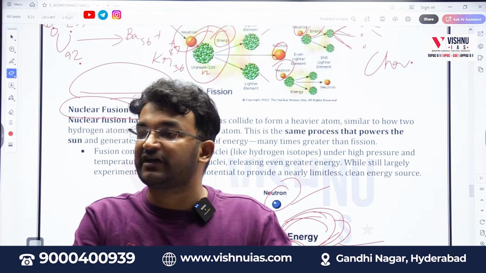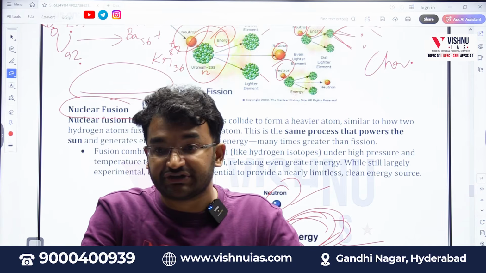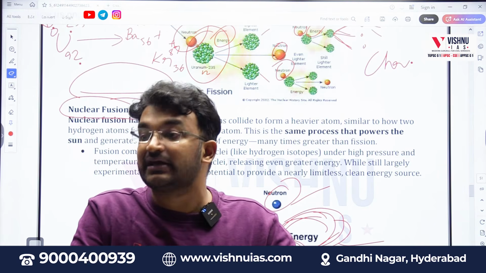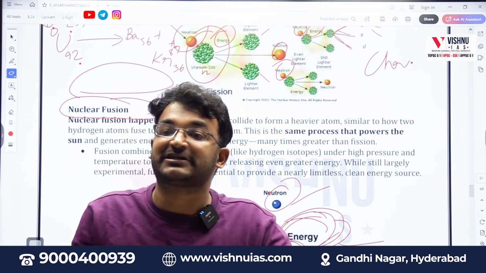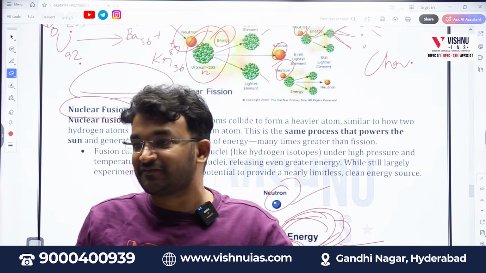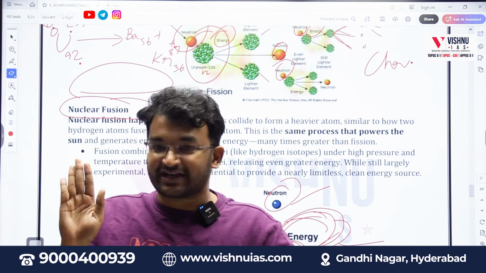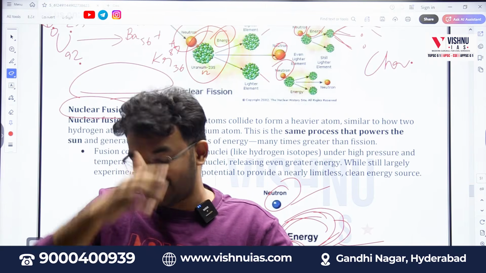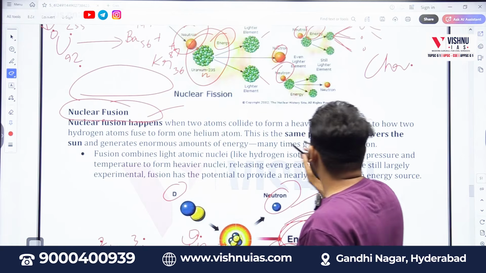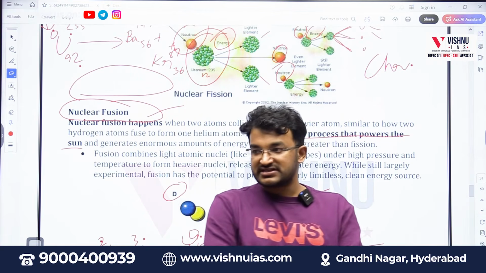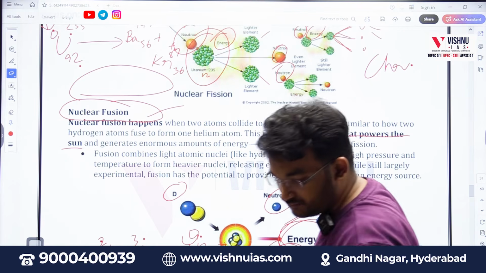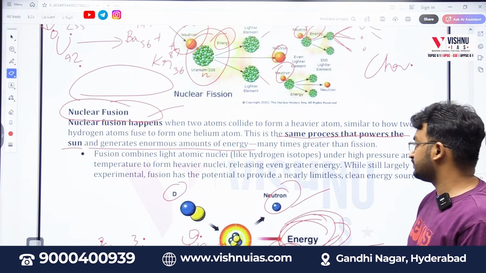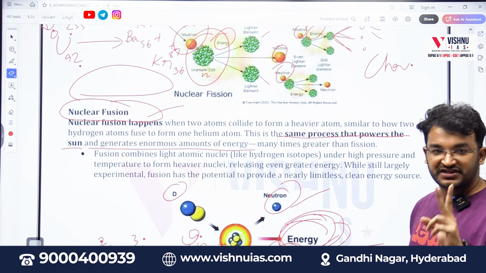The reason for the power of the sun is that the hydrogens, deuterium and tritium there, are getting converted to helium every second, every millisecond. Because of that, a lot of energy is erupting from the sun. Even though the sun is so far away, we feel the heat here. Consider at least 1 lakh kilometres near the sun: only a skeleton would remain, and obviously not even a skeleton of ours. So underline this: this is the same process that powers the sun and generates enormous amounts of energy. Clear? Did you understand nuclear fission? Okay.